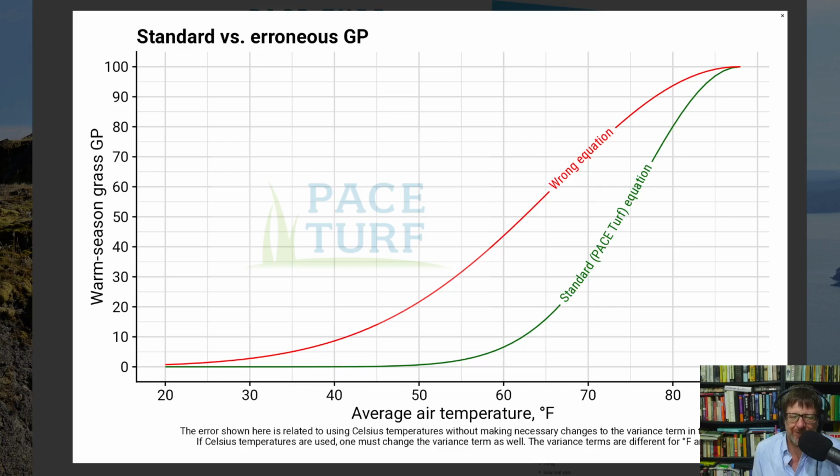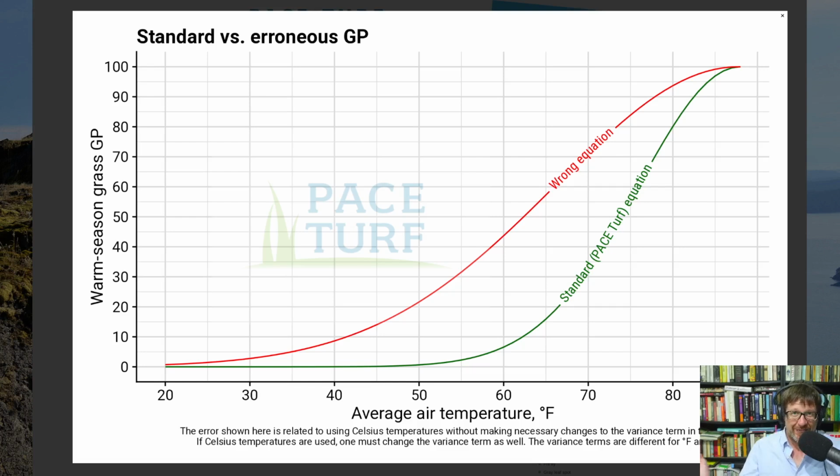Those are the specific numbers. I don't want to get too deep into the details of equations here, but this is something that is available on the ATC website, and I would think anybody using the growth potential equations should check that however they're calculating it, that they are getting something close to the number that you get from the standard Pace Turf equations.